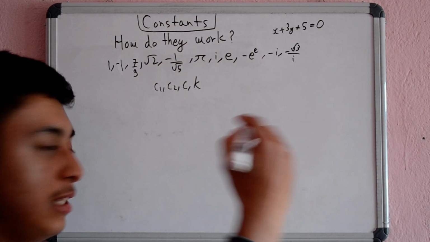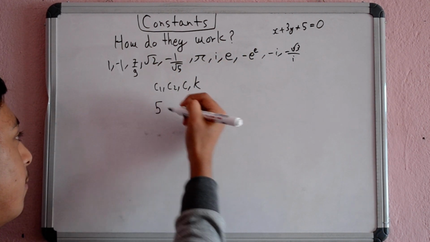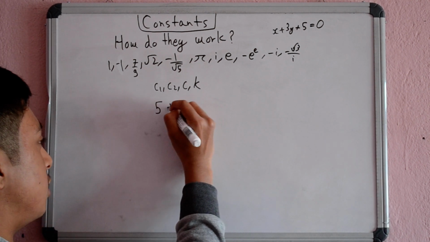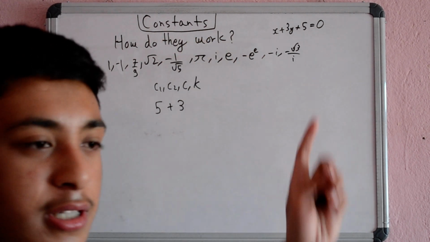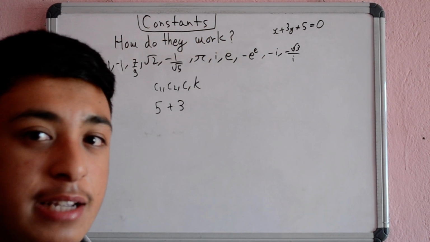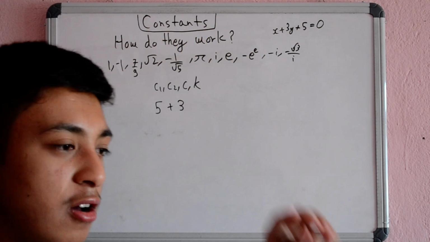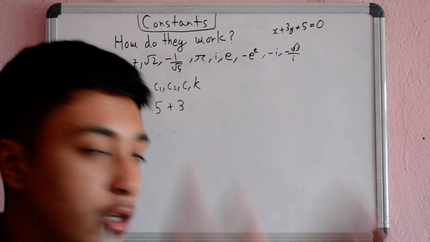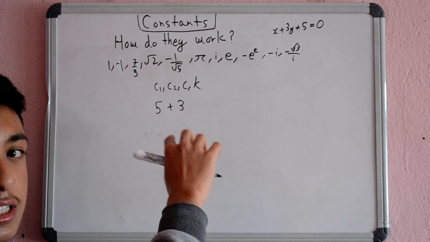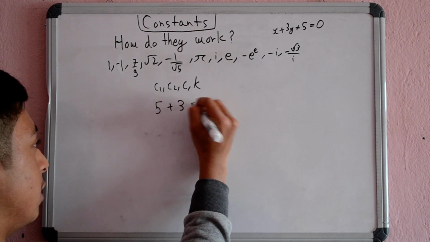Now, let's say we have a constant 5 and we add another constant to it, 3. So we're talking about how constants work in regard to adding, subtracting, multiplying, dividing, etc. from one constant to another constant. In this case we have 5 plus 3, which gives 8.